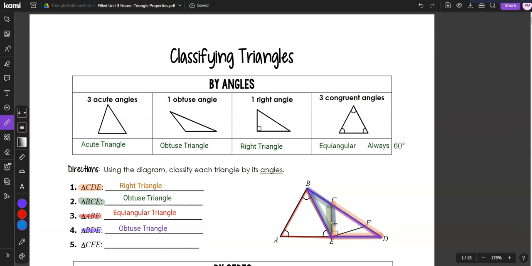And our last one is triangle CFE. It is definitely acute because we can see that CEF cuts through the 90-degree angle.